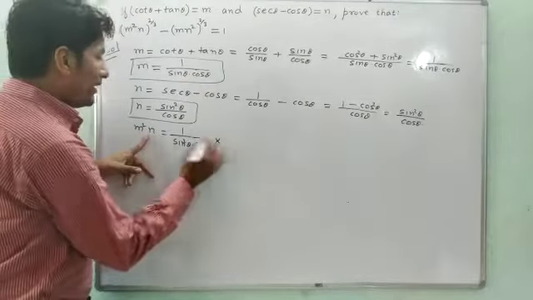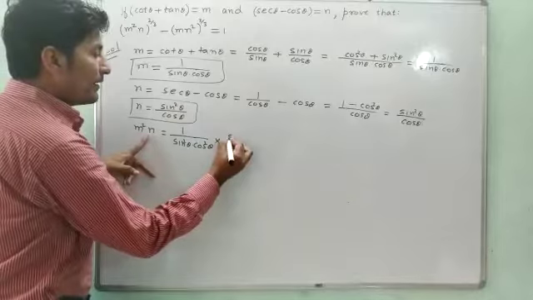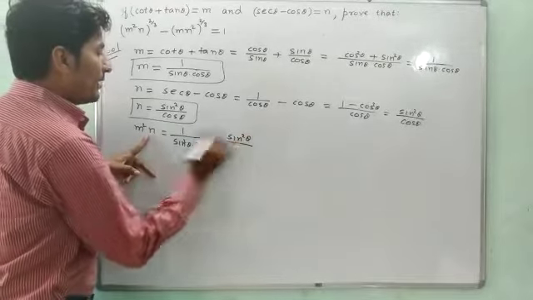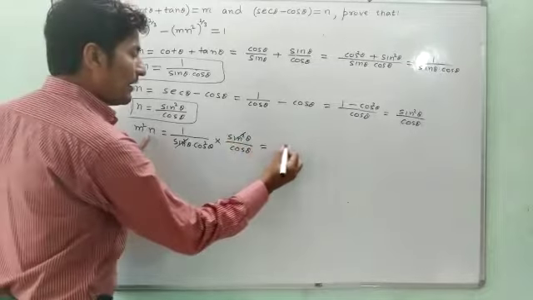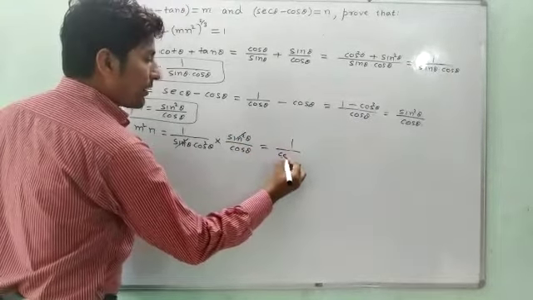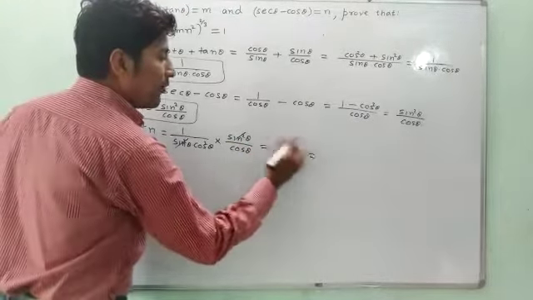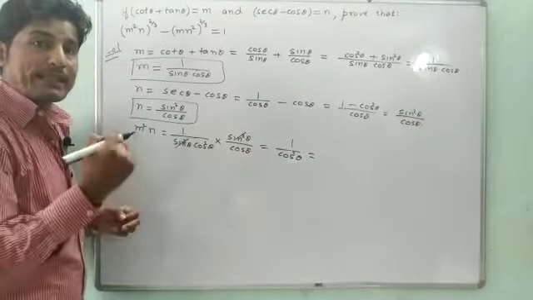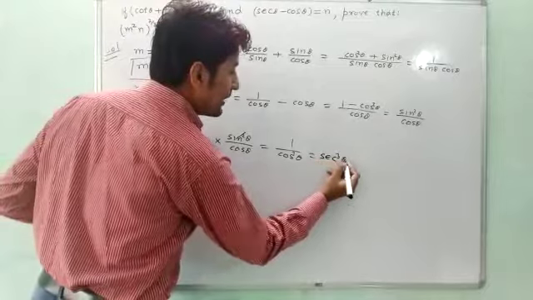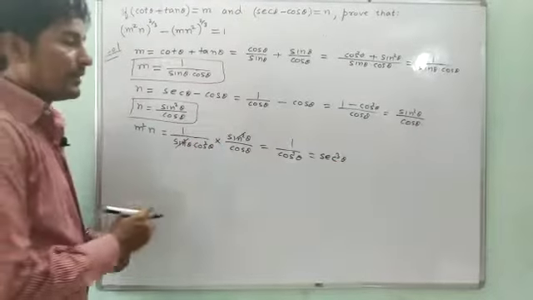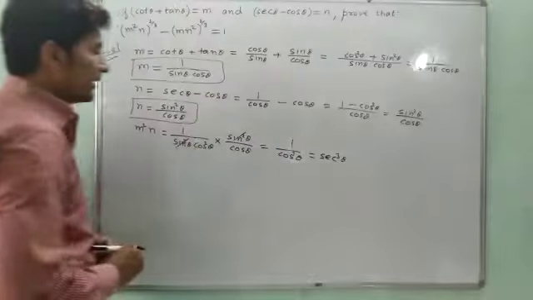Now multiplied by n, the value of n is sin square theta upon cos theta. Sin square theta cancels, so we have 1 upon cos cube theta. 1 upon cos theta is equal to sec theta, so we can write here sec cube theta.